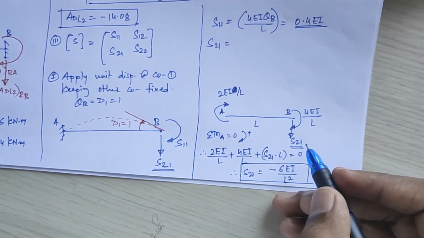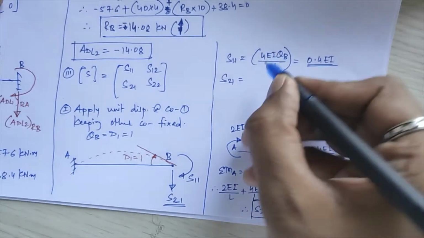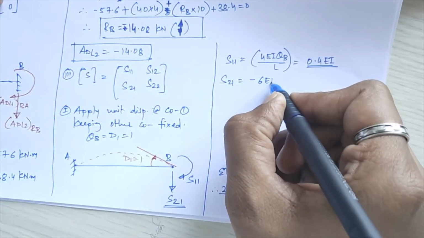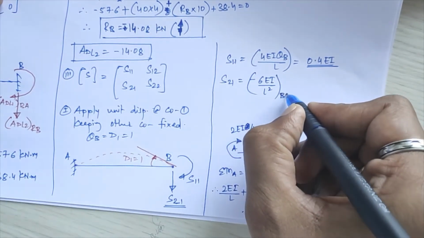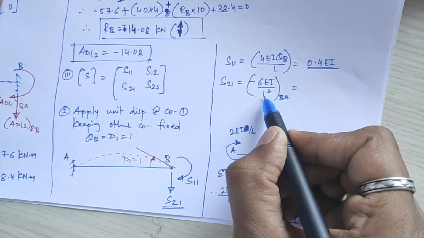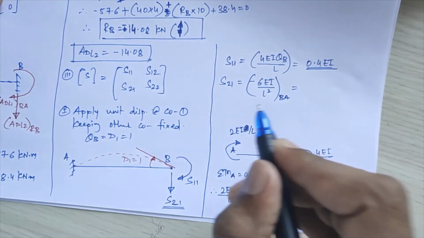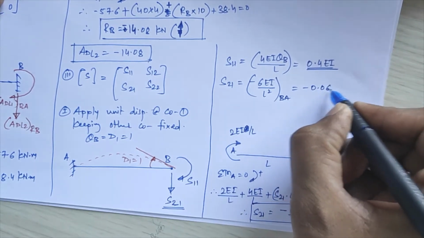This value will be over here, acting downward. The same value will be here, minus 6EI upon L square, for member BA again. L is given to you, that is 10, so 6 divided by 10 square, I get as minus 0.06 times EI.